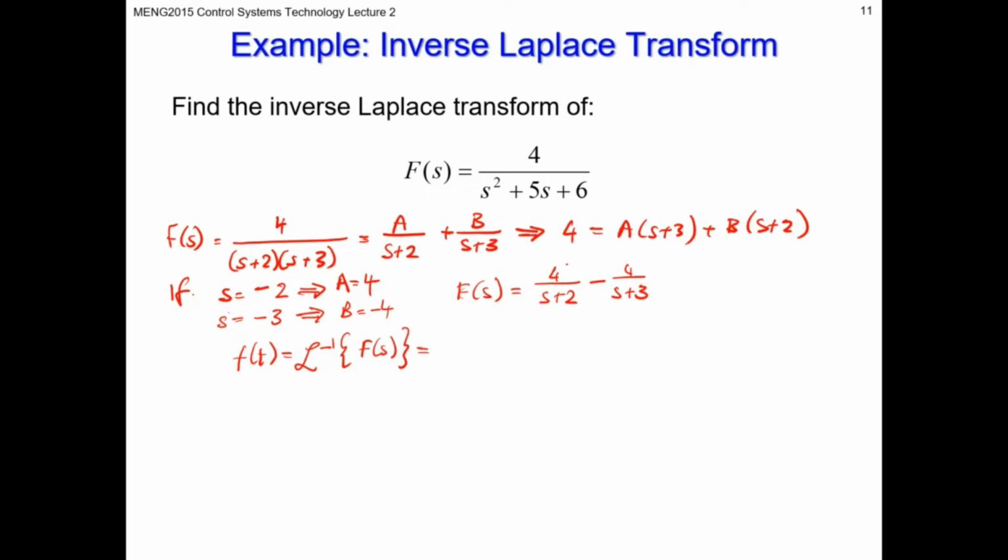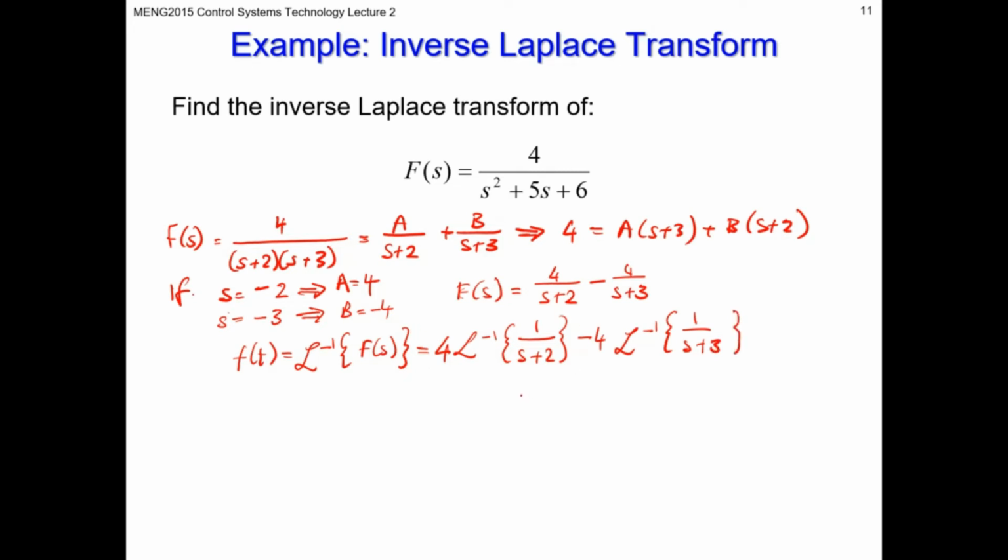But now we've got these terms in partial fractions, we've broken it out into terms that we're familiar with. Then we can say the constant is 4 times the inverse Laplace transform of 1 upon s plus 2, and minus 4 times the inverse Laplace transform of 1 upon s plus 3.